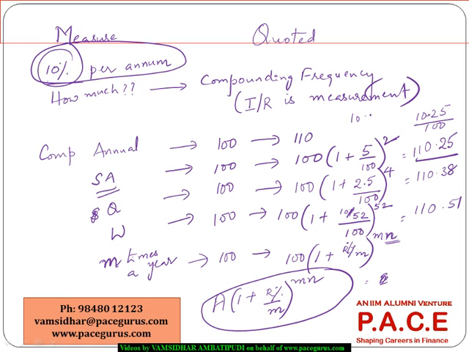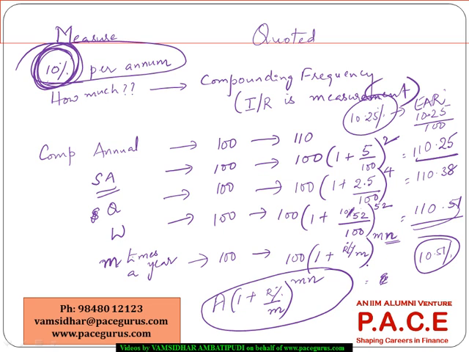So 10.25% here is actually called the effective annual rate of return. This is called the quoted annual rate, and this is called the effective annual rate. In this case, 10.51% is called the effective annual rate of return. So that's one more term that you need to be comfortable with.